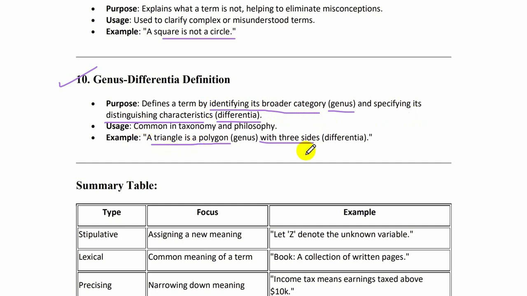What does a triangle have? It has 3 sides. This is what distinguishes it from all the polygons. So a triangle is distinguished from all the polygons by its 3 sides, which is the differentia. This is how it is differentiated from other members of a class.